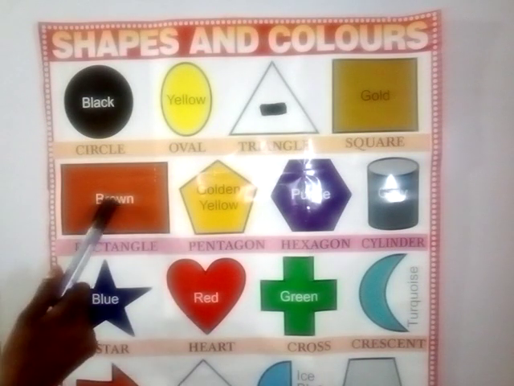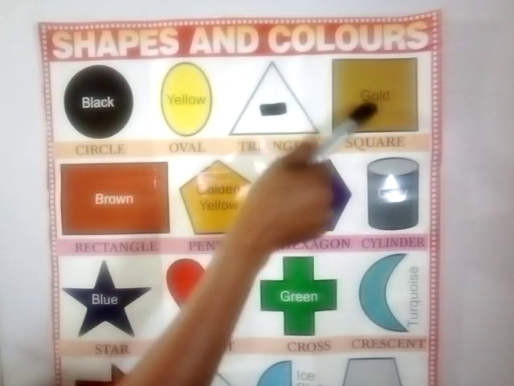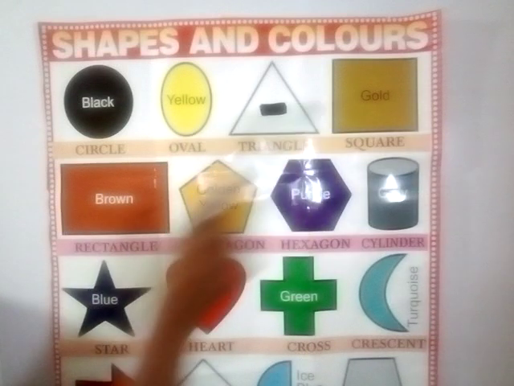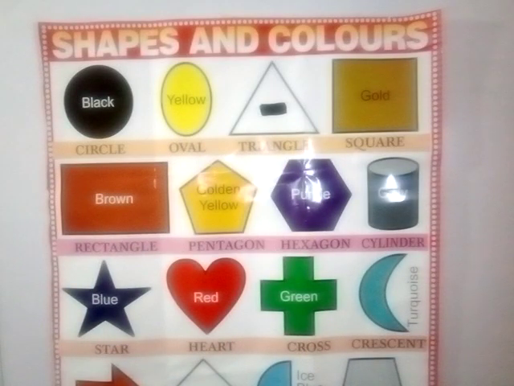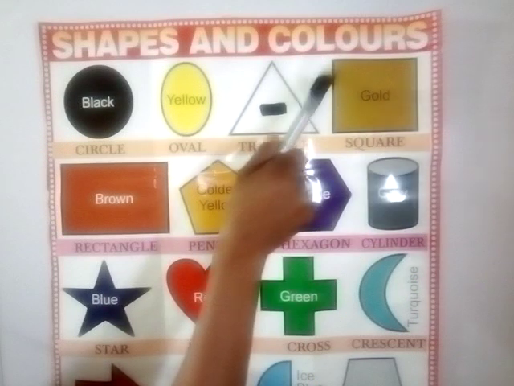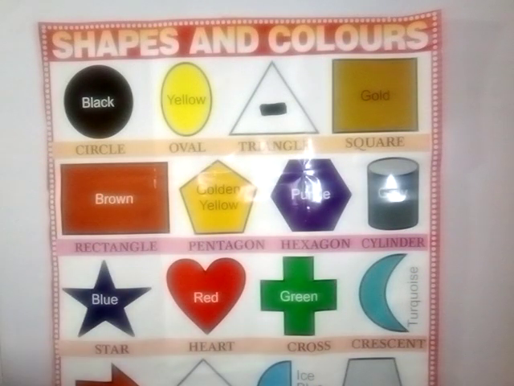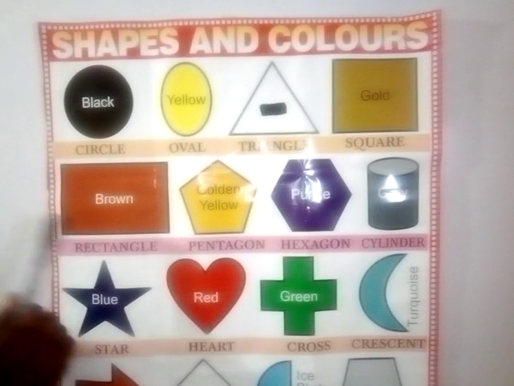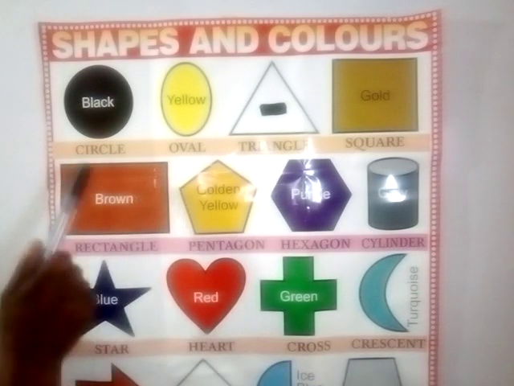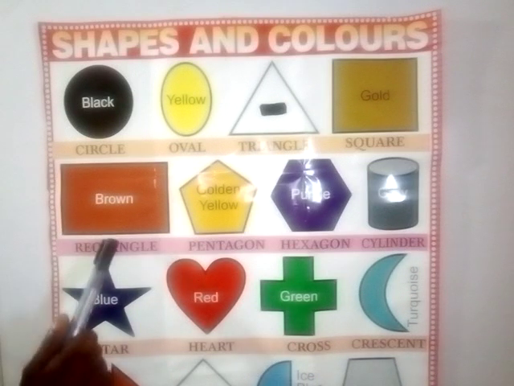So this is called a rectangle. Rectangles and squares both have four sides, but while a square has the four sides the same length, equal, a rectangle is not so. Two opposite sides of a rectangle are equal, the other two are equal, so one set of sides is always longer than the other.